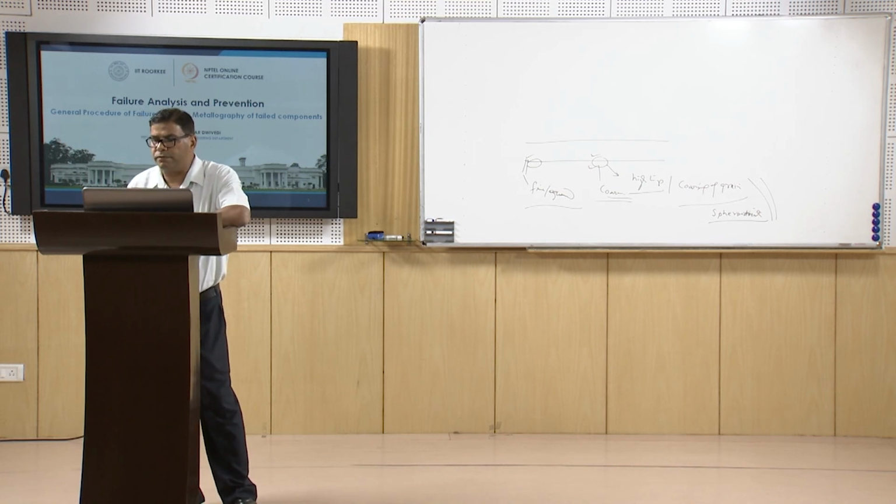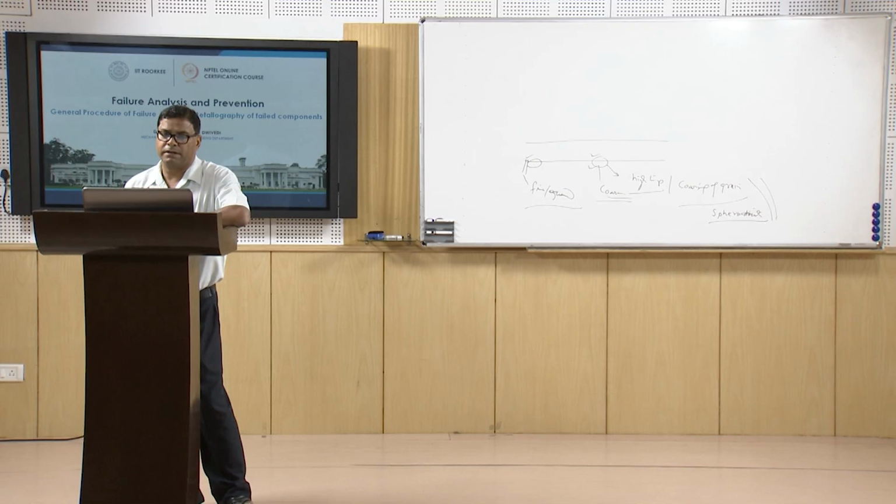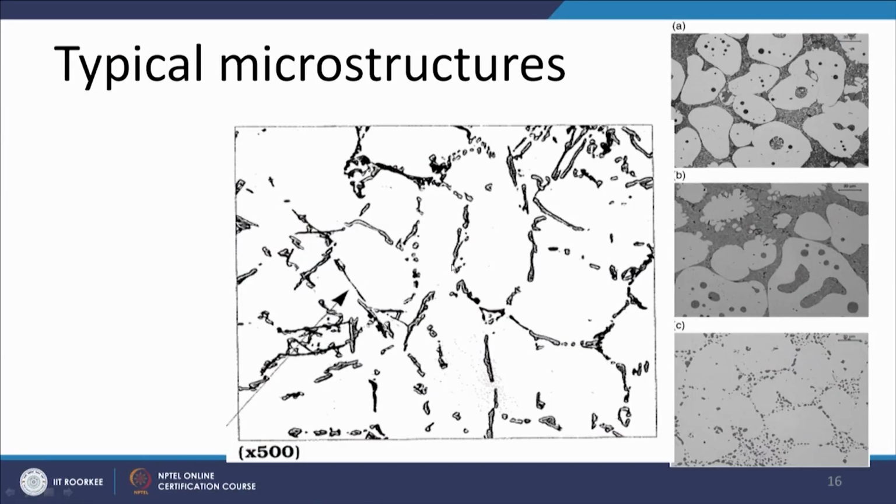So, it is more difficult to have crack nucleation and growth in such fine precipitates as compared to needle shaped constituents. So, it is always favorable to have fine spherical constituents as compared to needle shape. This is another one where needle shape constituents are present at the grain boundary, and it will be easy for a crack to grow along the grain boundaries in such cases.